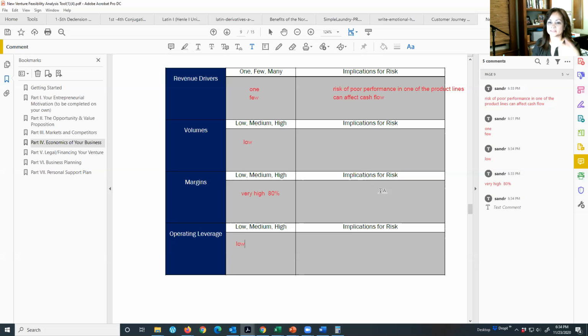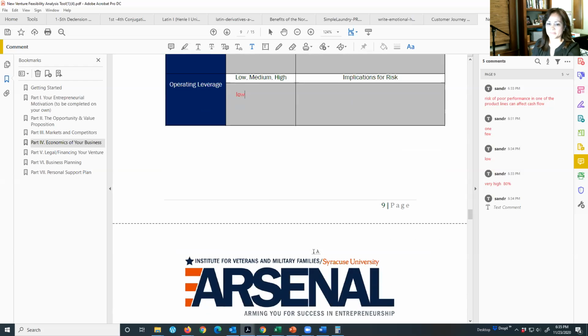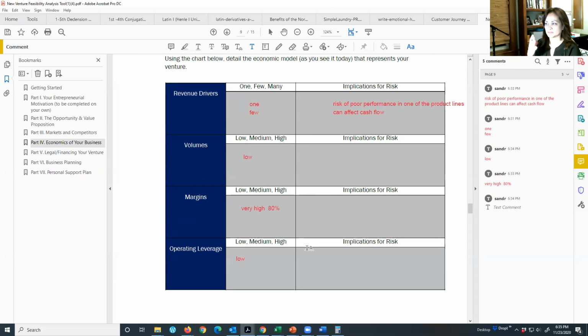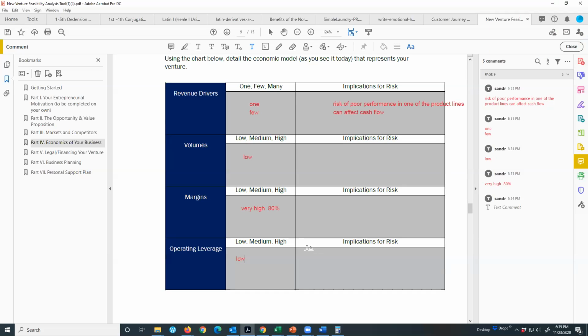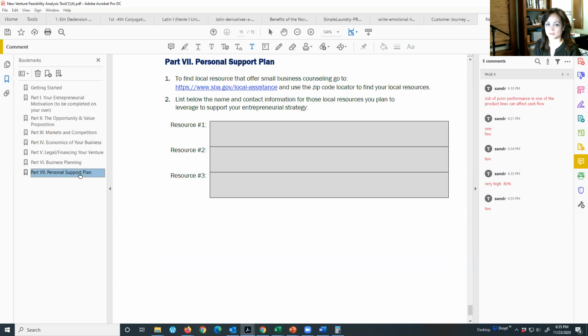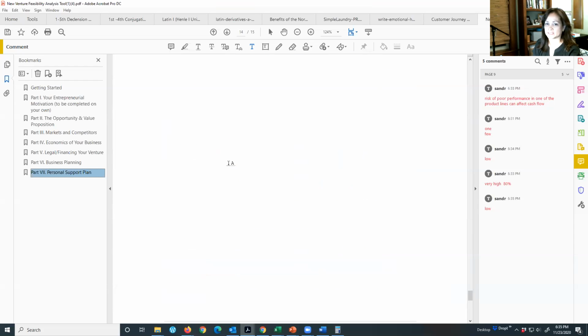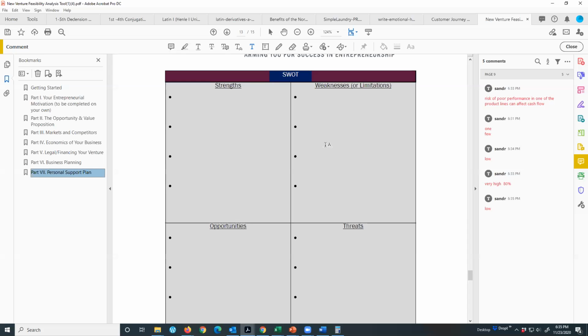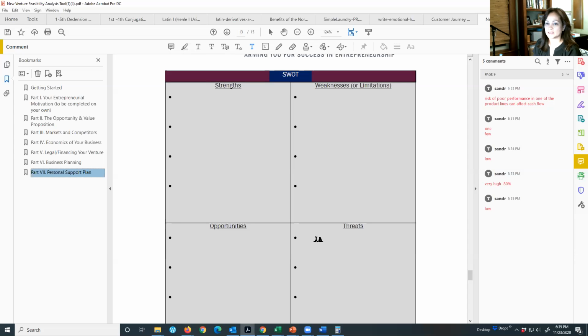So maybe for her, some of her risk won't even go here. It might go down here. What would you do if there's a design flaw, faulty performance? Those are the things that you'll have to address, and you will actually address them right here in your SWOT analysis. And then the other thing, here's a threat, and this is not something you can control.